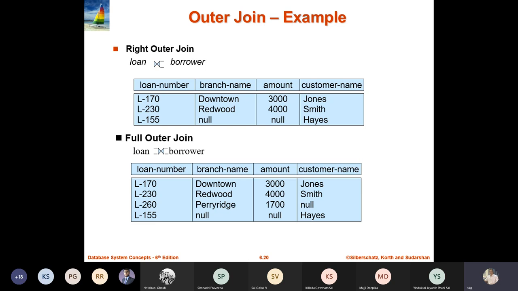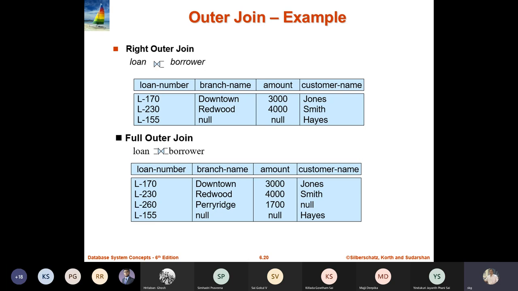Though null values are not desirable in our database tables, in this case our intention is that we will handle the null values later on in some appropriate way, but we don't want to lose any information.